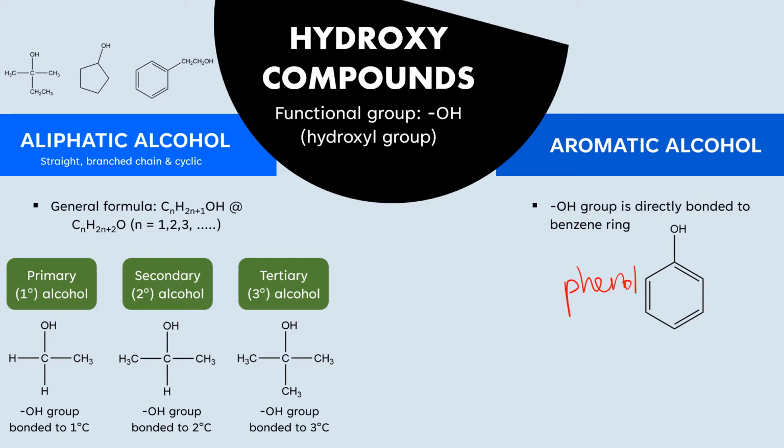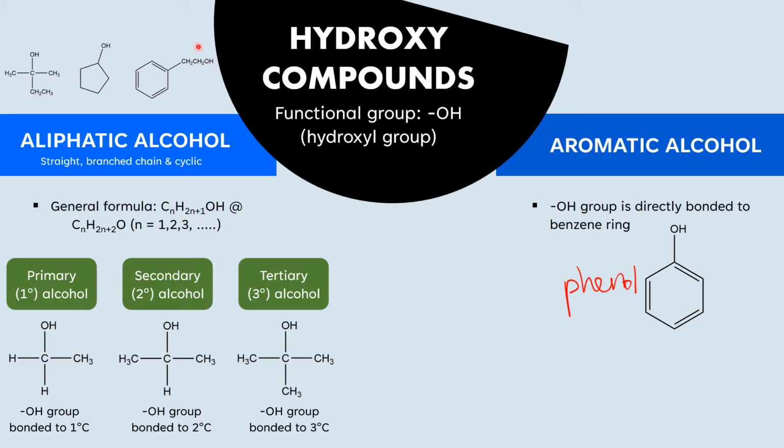And these are the other examples of aliphatic alcohol. You can see in the structure we have branch non-cyclic alcohol. This is cyclic alcohol. And for this one, even though kita ada benzene ring dekat sini, this benzene ring is not directly bonded to the OH, but the OH is directly bonded to the aliphatic part.